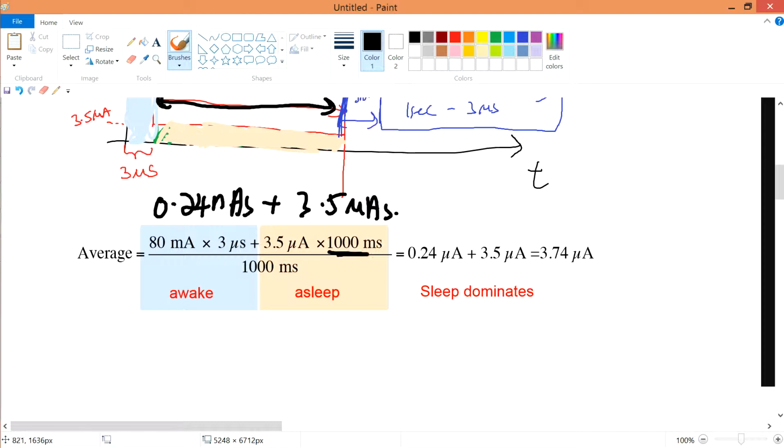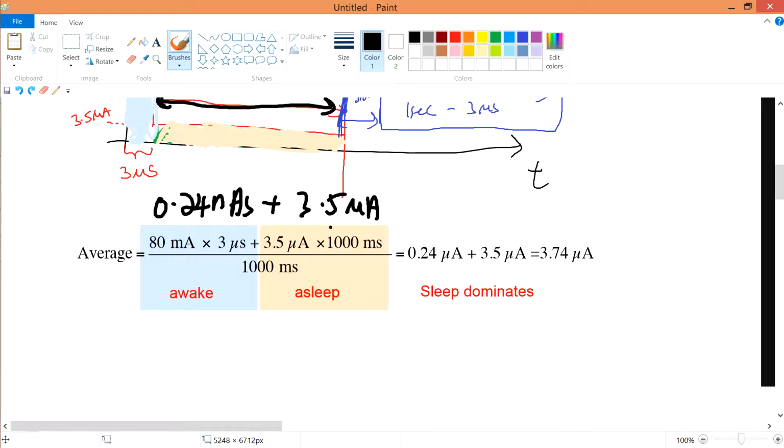Because 1000 times 10 to the negative 3 second, for example, is equal to 1 second. It's the same thing. So I'm actually multiplying this thing with 1 second. It's just 3.5 times 1, that's all. So therefore it's just 3.5 microampere.